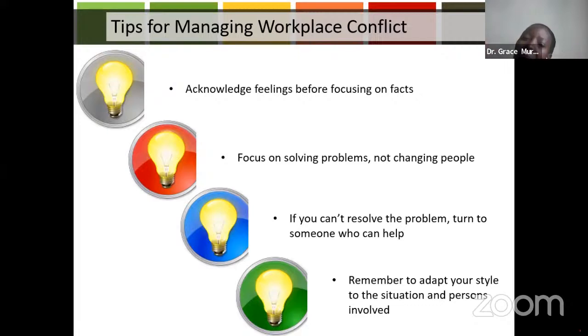Sometimes you don't even have to go to the hierarchy, just look for a friend. But even if it's informal, it has to be in the right way. So it's not gossip. You have to be very careful when you're bringing in another person into the conflict. You're bringing in another person to resolve the issue, not to escalate the problem.